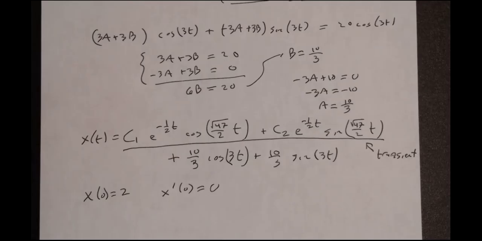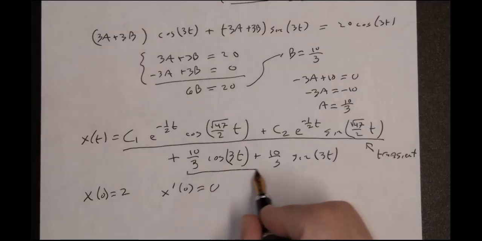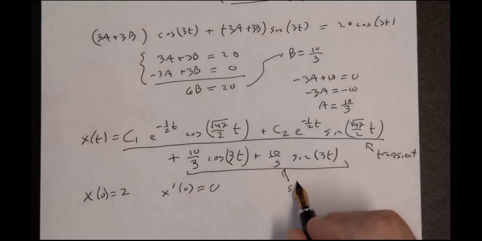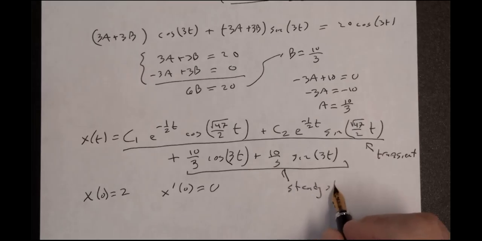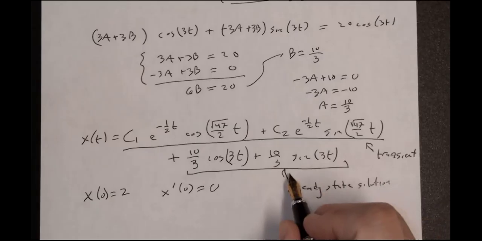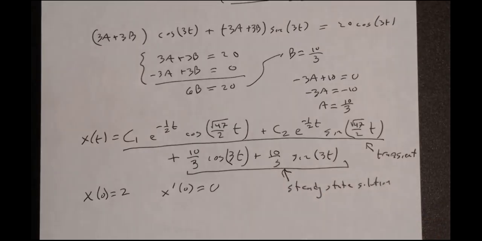No matter what the value of C1 and C2 are, there's an e to the minus 1/2 t there. That's going to cause that to go to zero. This doesn't do that. That's called a steady state solution.